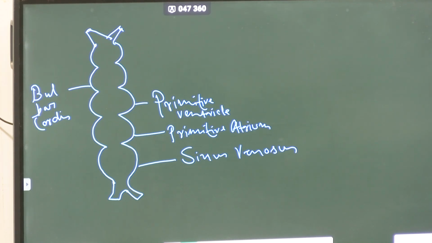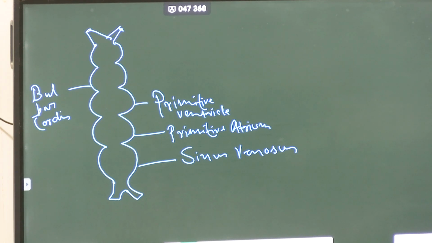You should remember, the mesoderm which lines the yolk sac is known as splanchnopleuric mesoderm, and the one which lines the amniotic cavity is known as somatopleuric mesoderm.